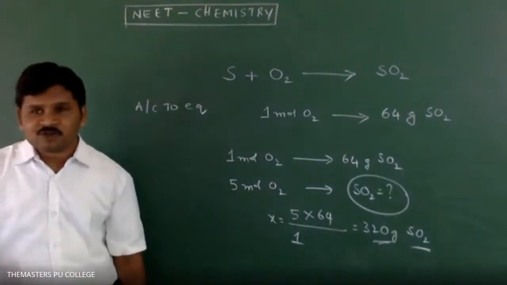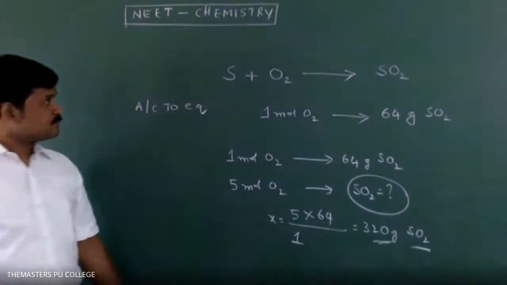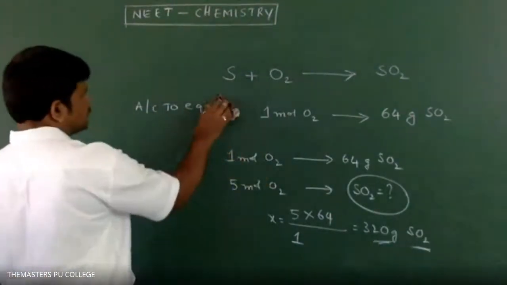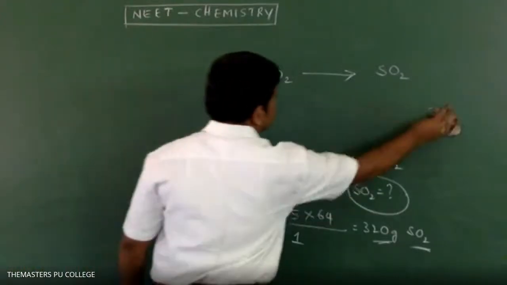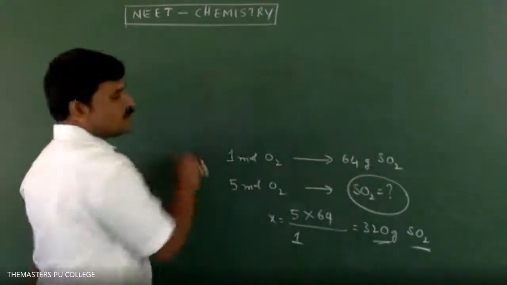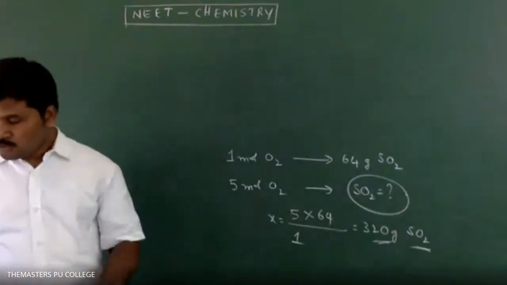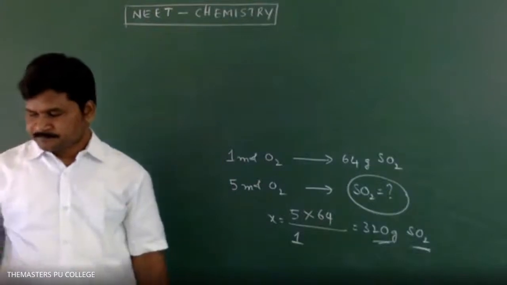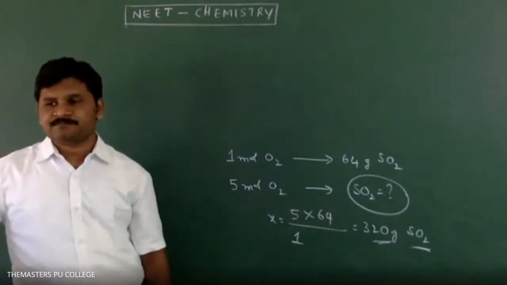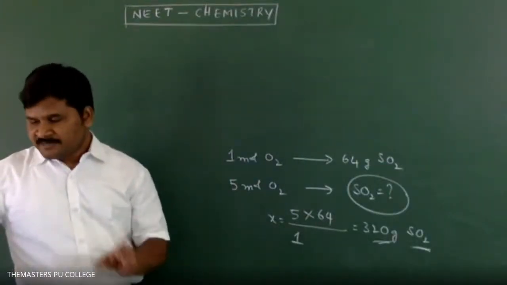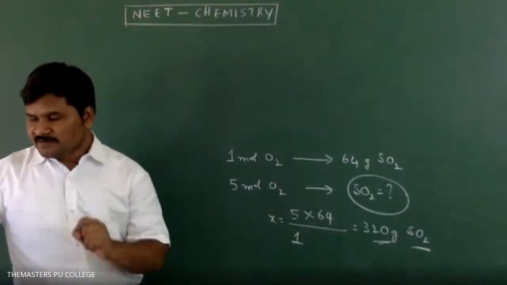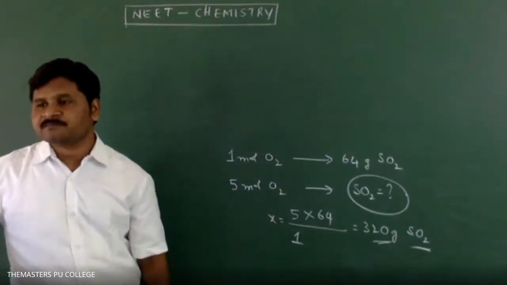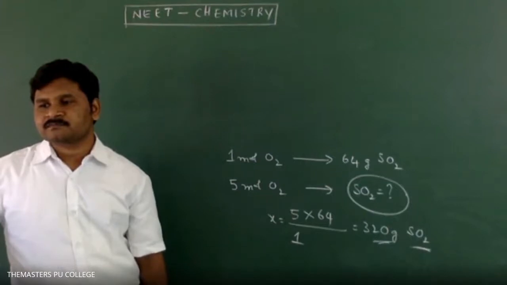1.5 moles of O2 combines with magnesium to form MgO.